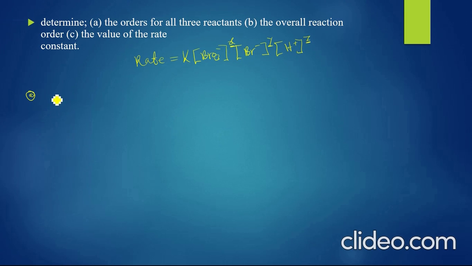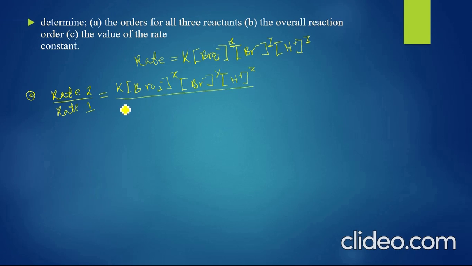But first, experiment 2 and experiment 1, we can use them to determine X. So here it will be K, then the bromate ion raised to X, then the bromide ion, which will be raised to the Y power, and then the hydrogen ion raised to Z.